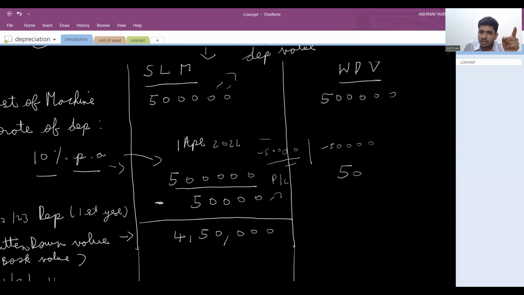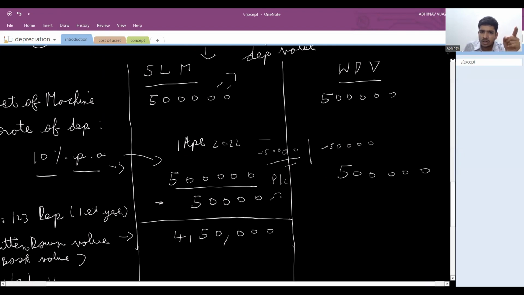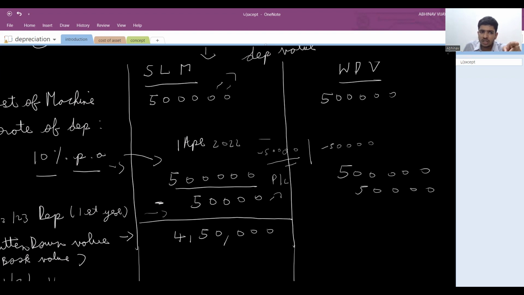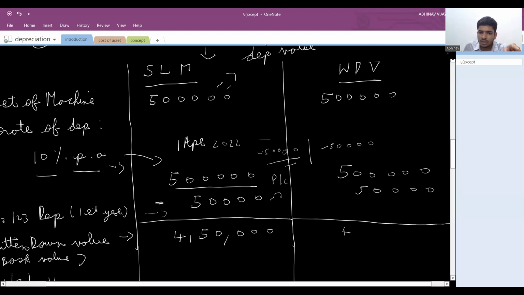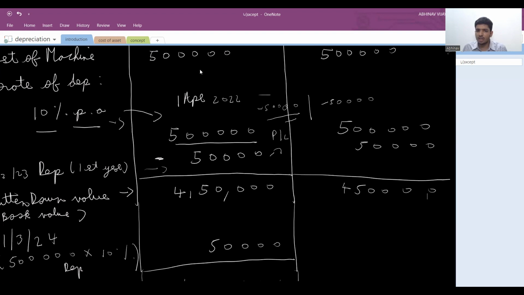So the cost of the machine is 5 lakh. Depreciation for the first year will be 50,000 because it's 10 percent on 5 lakh. Now, the written down value at the end of the first year is 4,50,000. Now, here's what separates the concept of SLM and the written down value method.